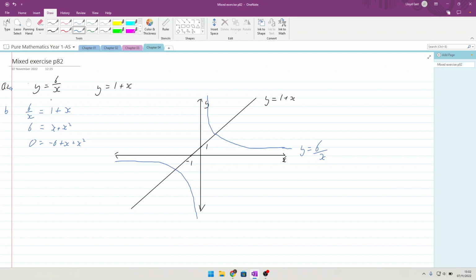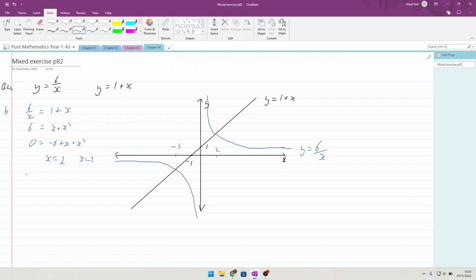Do we have a quick look? Okay, so yes, we get x equals 2 and x equals minus 3. So presumably this is minus 3, this is 2. Okay, and the y coordinates, did it want the y coordinates? Curve intersects, find the coordinates, yes.